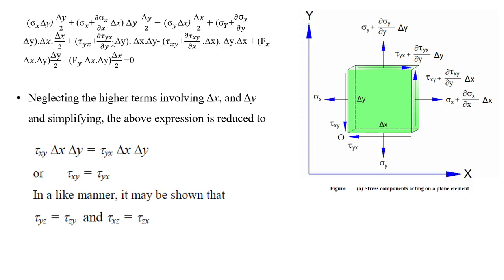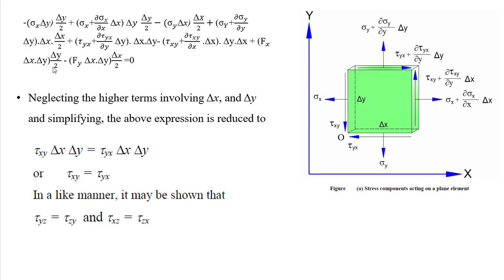This one we used to neglect, but we used to keep this one. Similarly here negative tau xy will be there, and this area will be there. Okay, but in this term we can see del x and del x, del square x, this will be negligible. Similarly Fx we can see, whereas del square y is equal to 0, and here del square x is equal to 0.